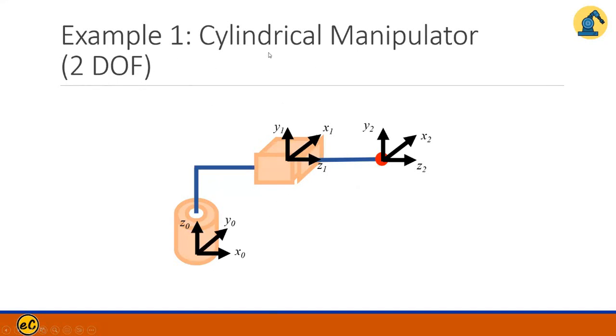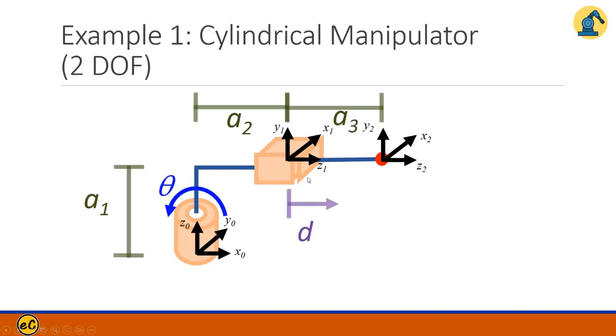It's actually a cylindrical manipulator, 2 degrees of freedom one. So here there's a revolute joint, there's an extender. Okay, so let's assume that this one comes with link lengths A1, A2, A3. And this one has an extender displacement D here, and a theta here, okay?